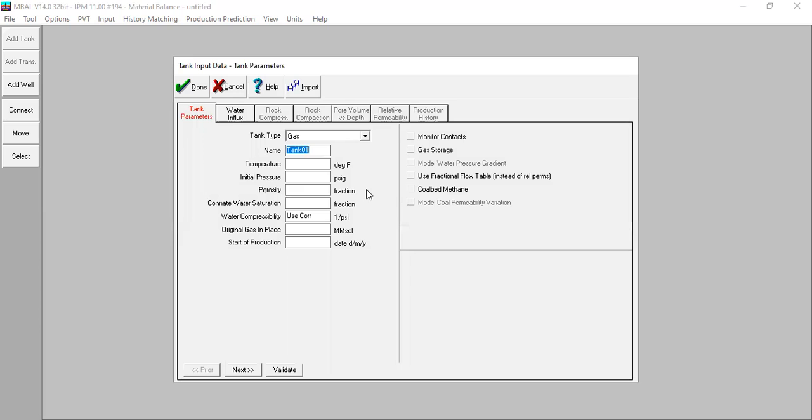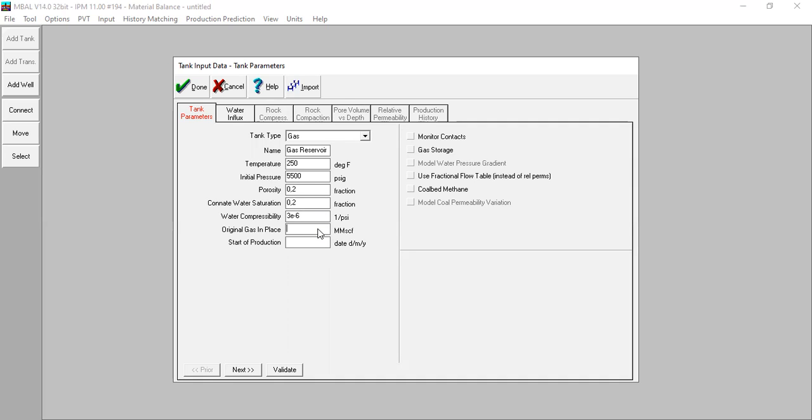Okay, so the properties of this gas reservoir, name tank one, or can also gas reservoir, temperature 250 degrees Fahrenheit with initial reservoir pressure of 5,500, okay, quite high. And then the porosity 0.2, connate water saturation 0.2, water compressibility 3 times 10 to the power of -6.